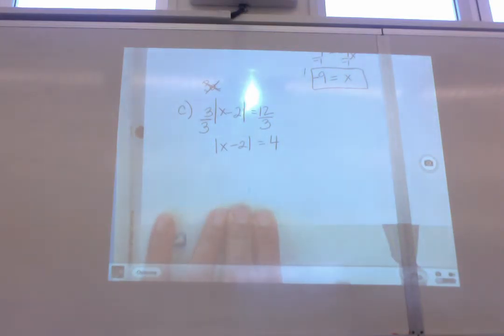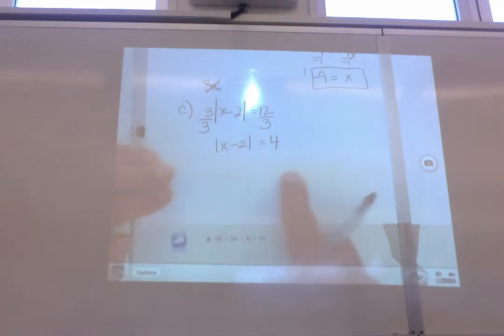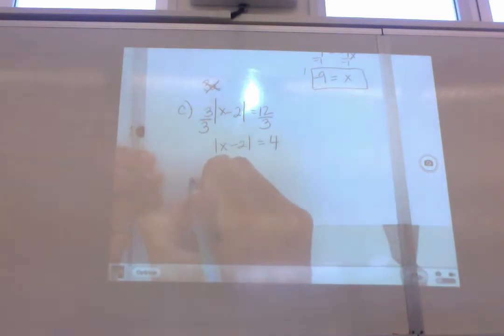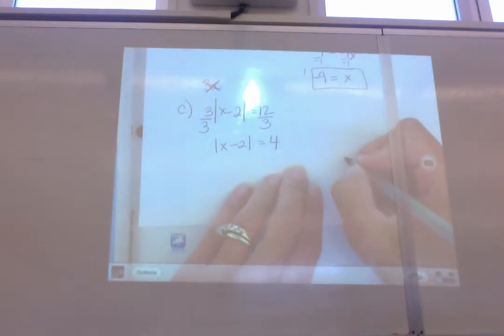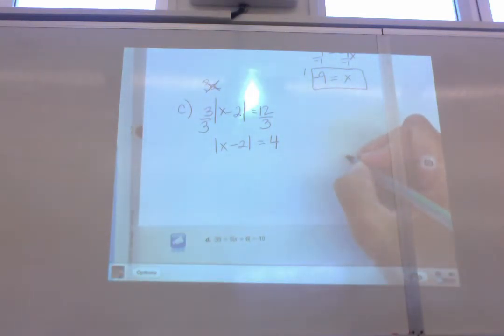Now that I have it down to an absolute value and something on the other side, Oscar, I have two cases. The first one is easy to set up. What will the positive case look like? No, that's the second case. You want to do the second case? No, you got it. Here we go.